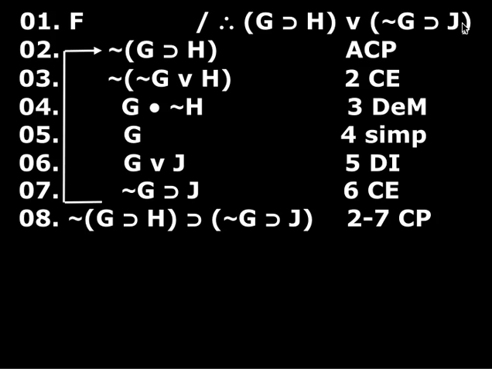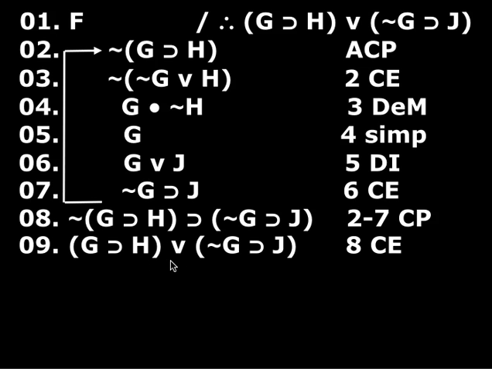Okay, I want this to be a disjunct and this to be a disjunct. But I know that if I get this conditional, then watch, when I do conditional exchange on this, all of a sudden now I do have this disjunction. But in order to get this disjunction, I had to have the conditional where this was negated, right? Because when I turn the horseshoe into a wedge, I have to negate the first component. So this comes off. So if this is the disjunction I want, which it is, that means this is the conditional I want.